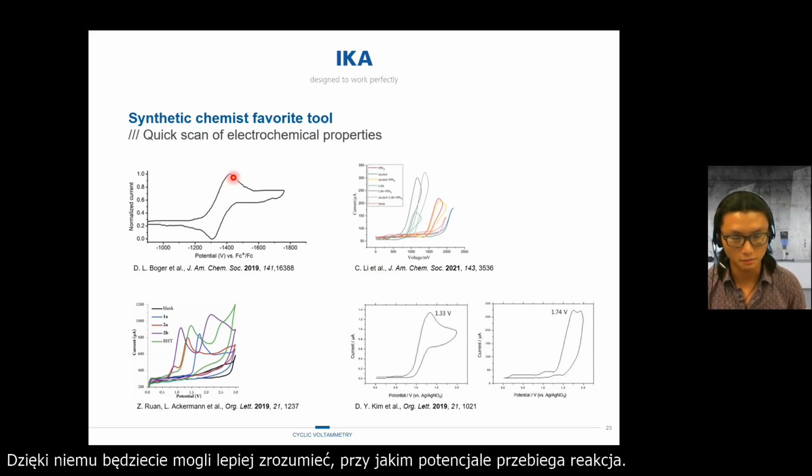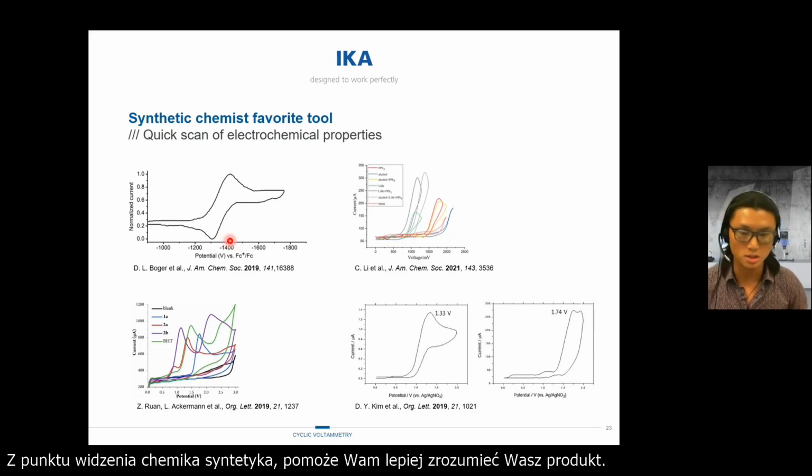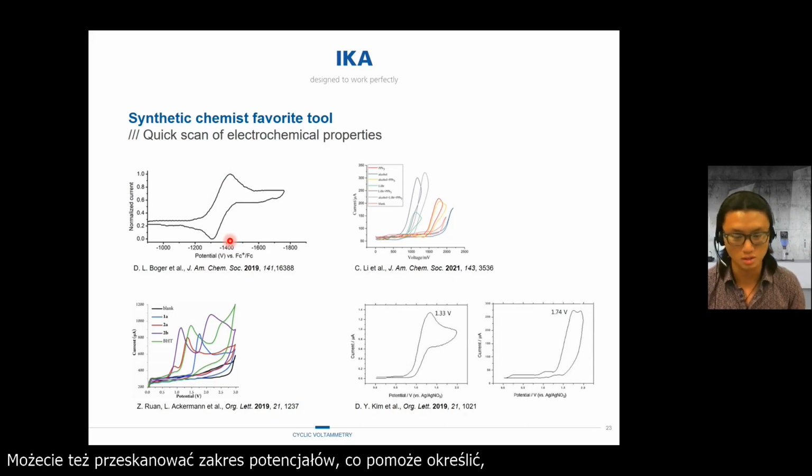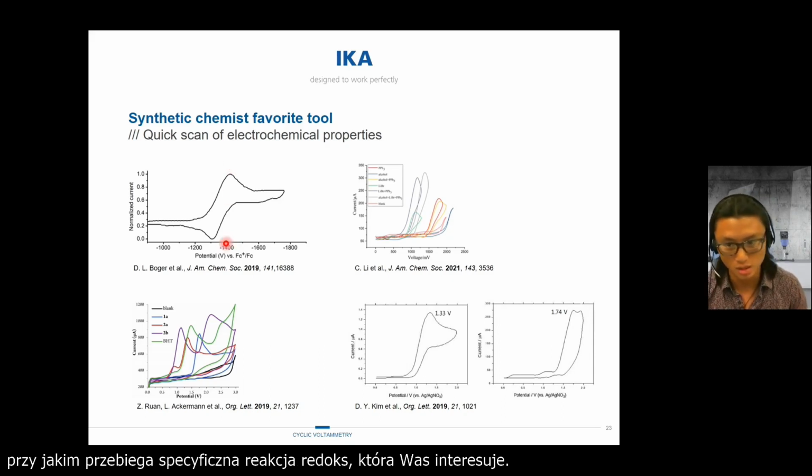You have further understanding about at what voltage the reaction will take place, so coming back to the synthetic point of view, it helps you to understand your product with more insight, and you can also use constant voltage to dial into the specific redox reaction you are interested in.